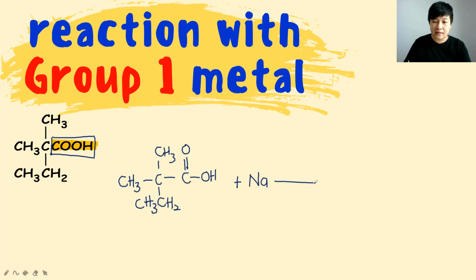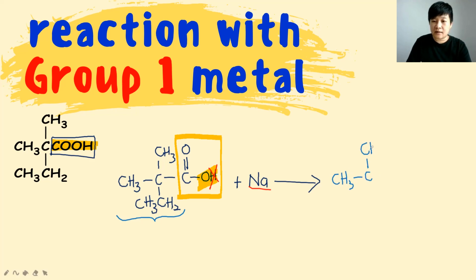So what will happen, guys? What will change? Where is the changes? We will focus only on the carbon that holding the COOH. And to be more exact, we will focus on the OH. And we know that the H that attached to the OH will be removed and replaced by who? It will be replaced by the Na. So, the rest of the R group over here, the rest of the R group that doesn't change at the back, shall remain unchanged.